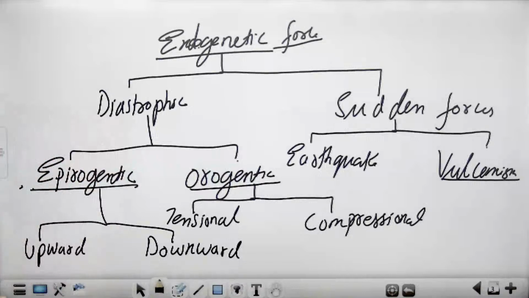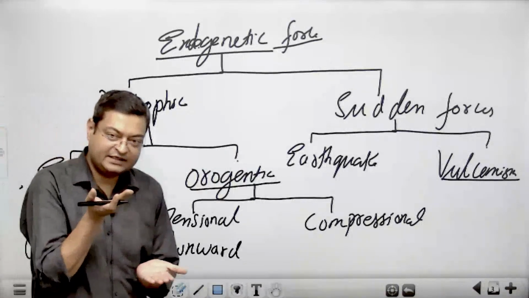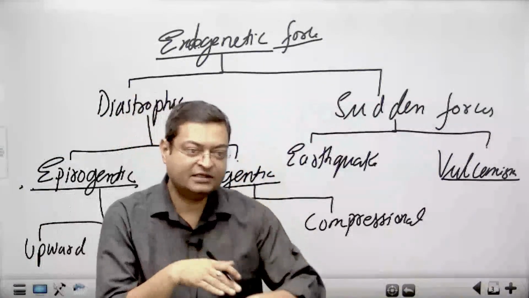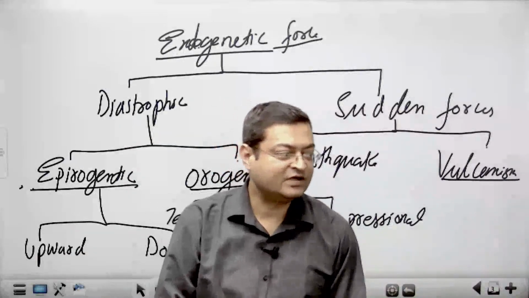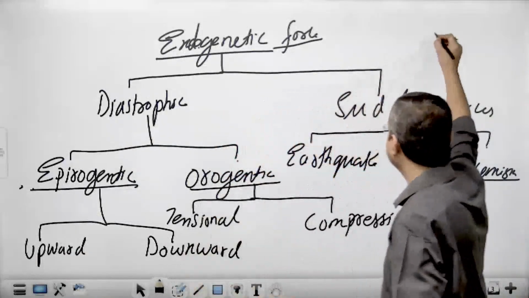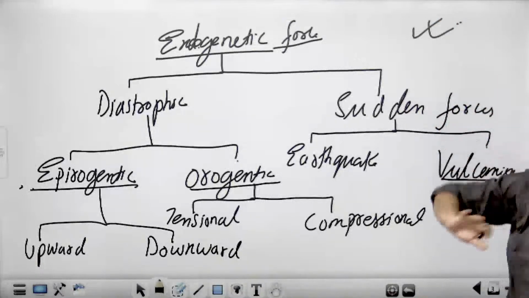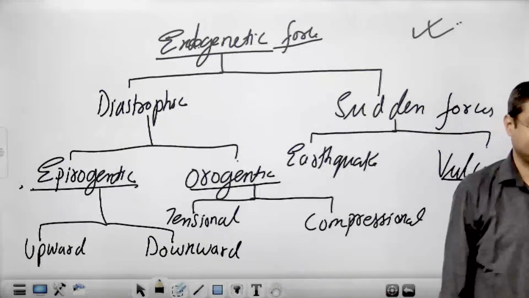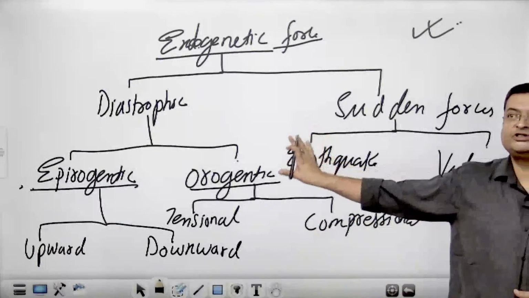So a continent may be uplifting, it may be going down. So under these forces, we have to study your geomorphology and the concepts. Okay? Any question from this section?